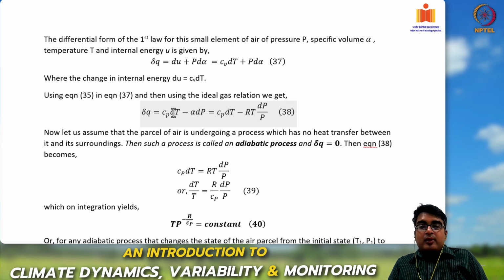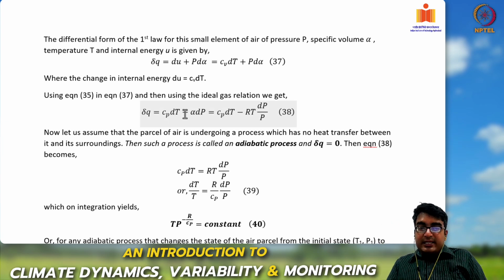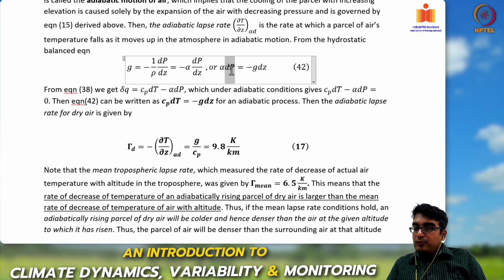However, remember what we have evaluated in equation 38. Del Q equals Cp dT minus alpha dP. Now, for an adiabatic condition, delta Q is 0. So Cp dT will be equal to alpha dP. Now, here we have the expression alpha dP in the hydrostatic balance equation.